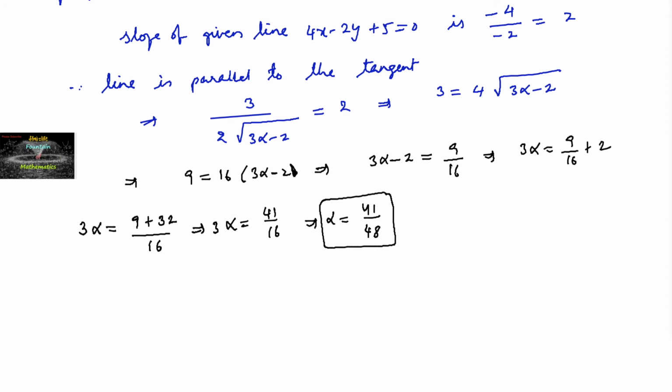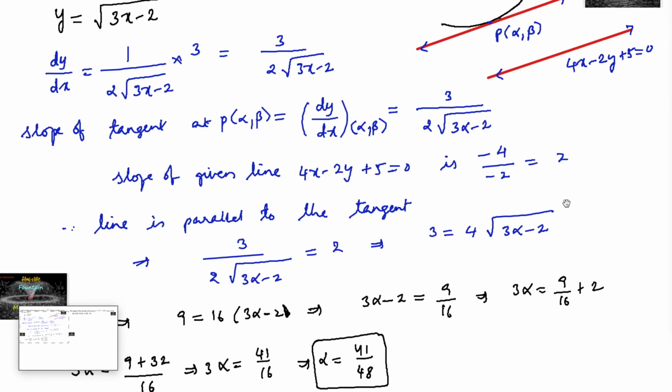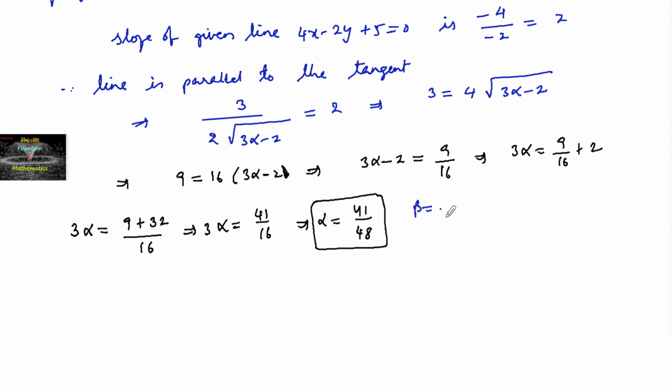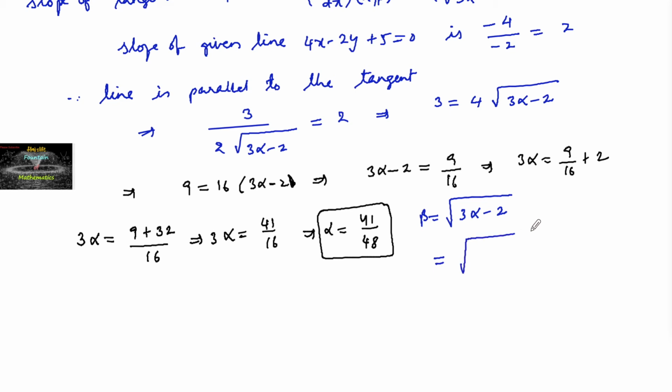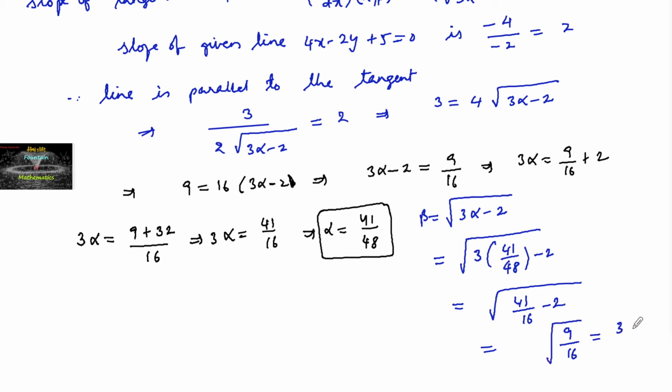And now let us substitute the α value in the given curve equation. Since (α, β) is a point, we will have β = √(3α − 2), which equals √(3 × 41/48 − 2), or we can write √(41/16 − 2), or 41 − 32 comes 9/16, square root, so we can consider it to be 3/4. So when α = 41/48, you are getting β = 3/4.